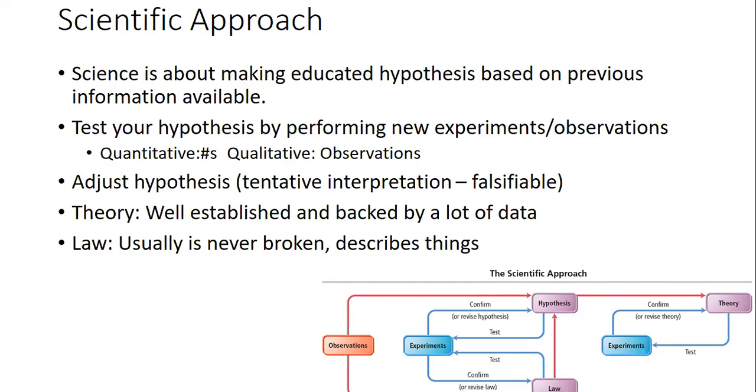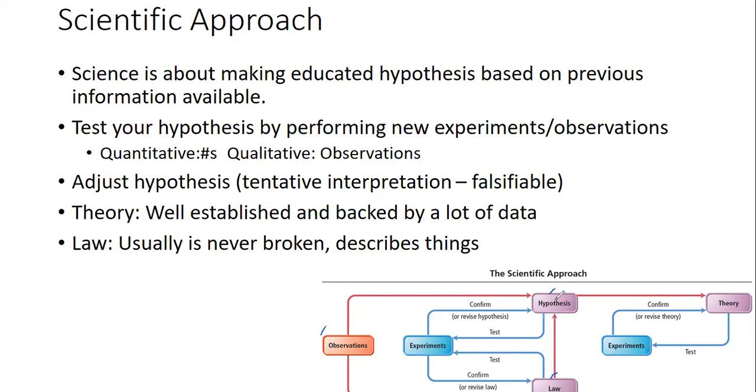And so here in the bottom right, I have the general scientific approach. First, you start with an observation, and you can either go to a law or a hypothesis. So what's the difference? Well, a hypothesis is really just your explanation or your idea of what is going on with the observation.